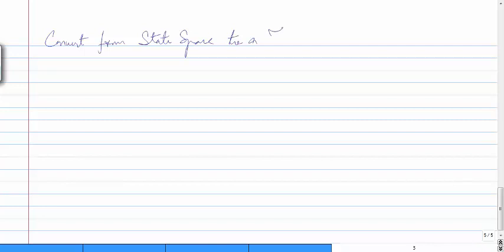Now the next thing that we need to do is to convert from state space to a transfer function.